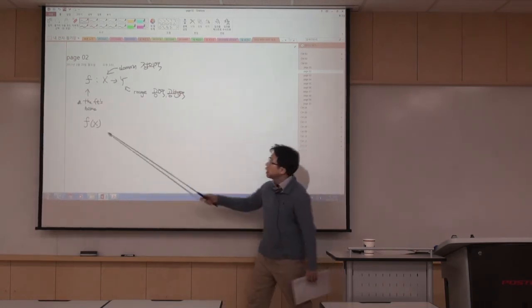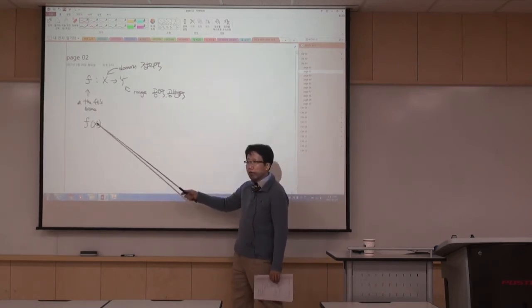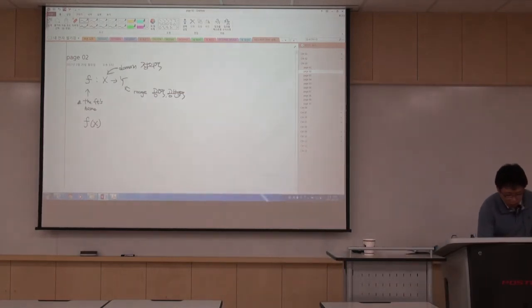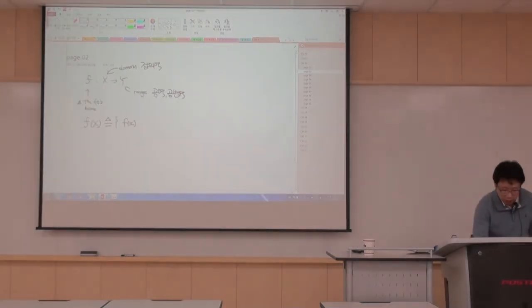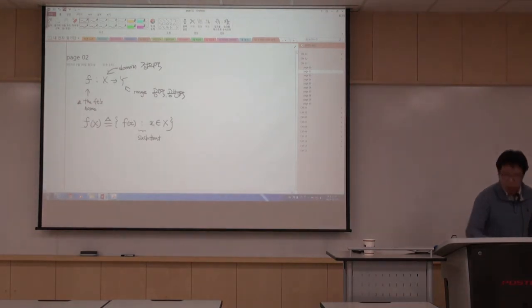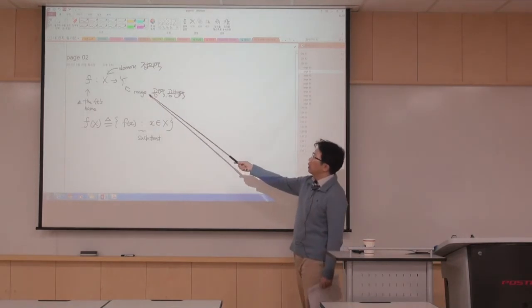Okay? This does not mean you evaluate f at every x or any x. It means that it's a collection of the set. So this notation means the set of all f of x such that, by the way, this reads such that x in the domain X. Okay? By the way, this is different from range.